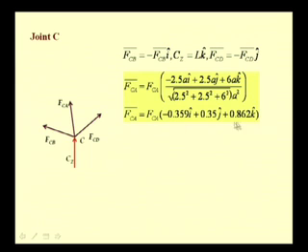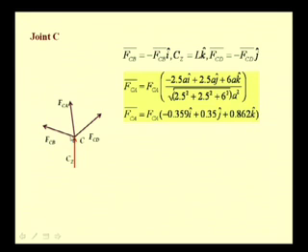So, this gives the unit vector along this member CA. So, the force in this member CA is equal to the magnitude of the force times the unit vector along the direction of the member.